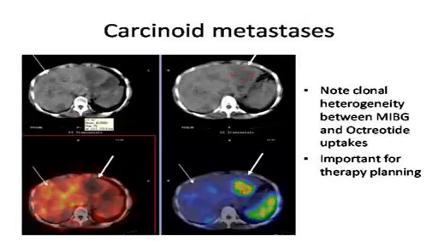Here's an example of clonal heterogeneity. Here's a patient with a carcinoid, and we have an I131 MIBG scan and the same slice through the liver of an octreotide scan. You can see MIBG targeted a lot of things here, but notably did not target this large metastasis in the left lobe, whereas the octreotide has dominantly targeted this site.